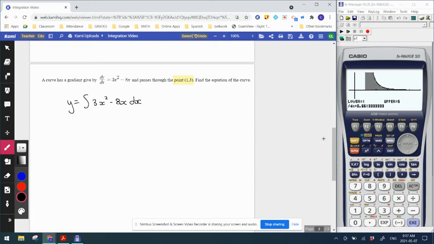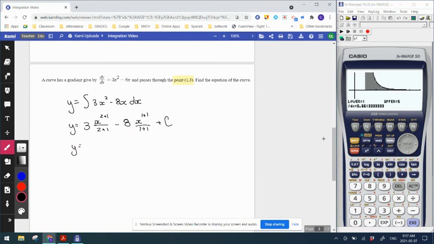Again, no radicals or surds to worry about, and nothing in the denominator that I need to worry about, so we can just apply that integration rule from above. So y is going to equal, keep the 3, x to the 2 plus 1 over 2 plus 1 minus 8 x to the 1 plus 1 over 1 plus 1, and adding in our c.